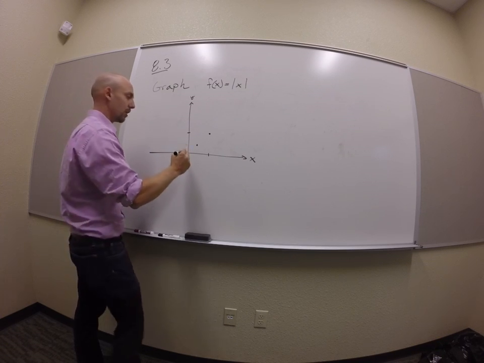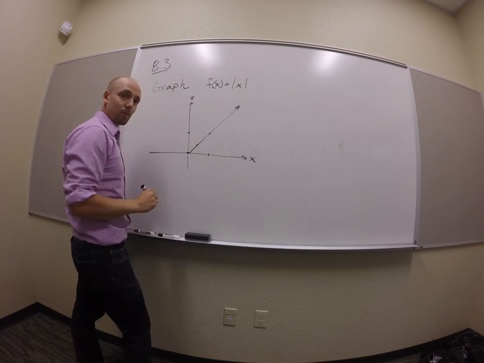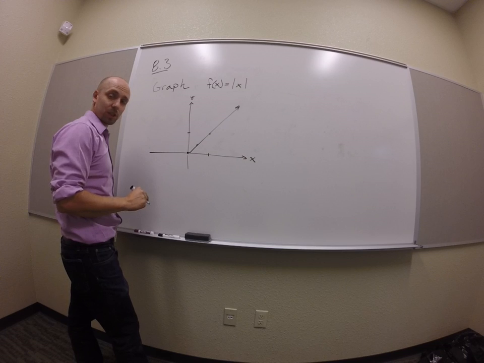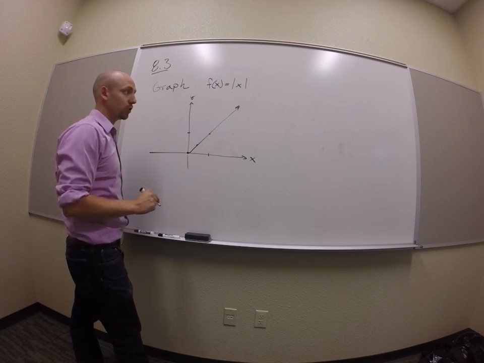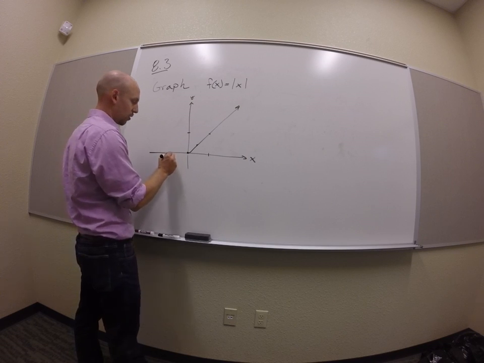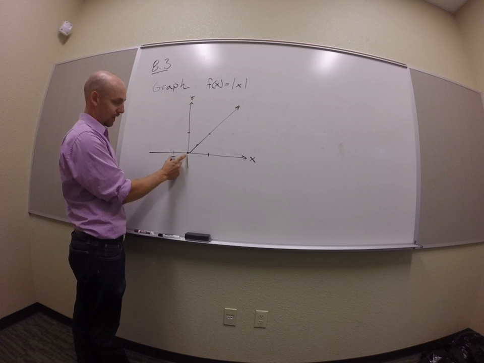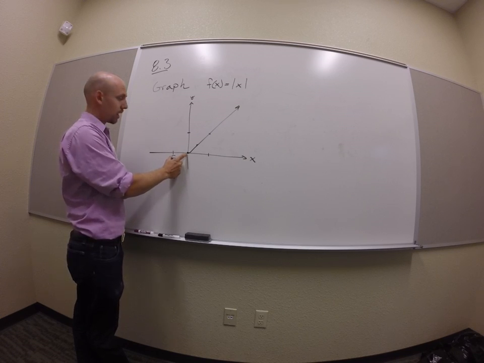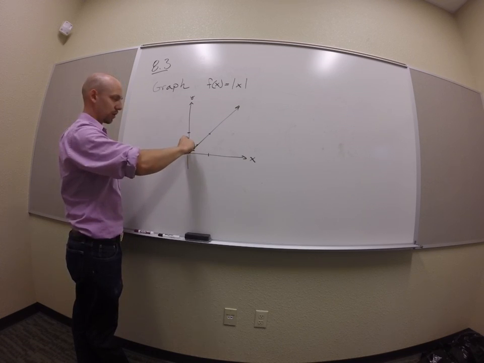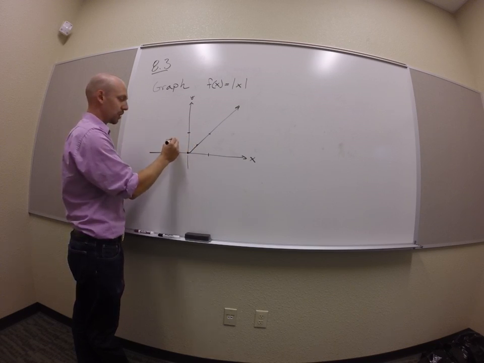So if I want to connect the dots, I connect the dots this way. And I notice that this is the same thing as the line y equals x, and that's true for the positive half. On the negative side, if I go over some amount, say this is -1 or something, then I have to go up that far. That's what the return is, how far it is from 0.